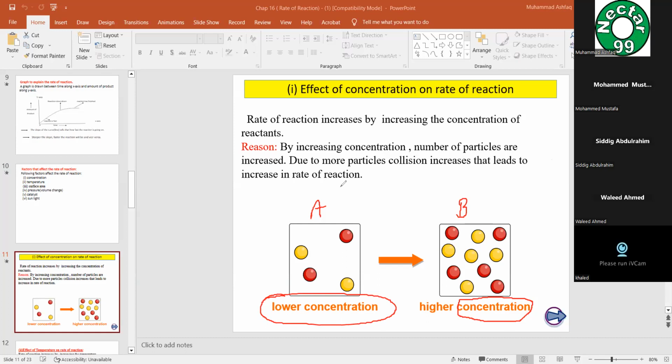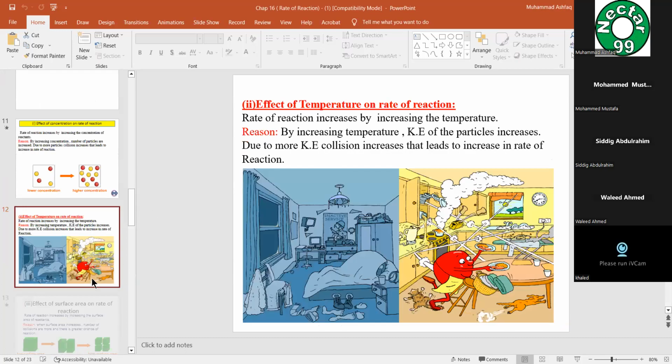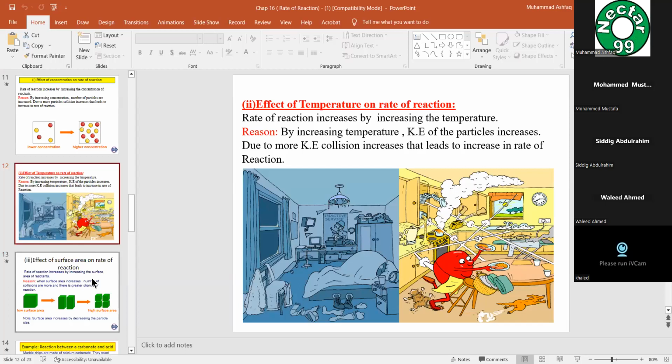Now after that, because we almost have 5 minutes to end this lesson, second is the effect of temperature. You know very well what temperature does to the rate of reaction. As temperature increases, the KE, meaning kinetic energy, of the particles increases.